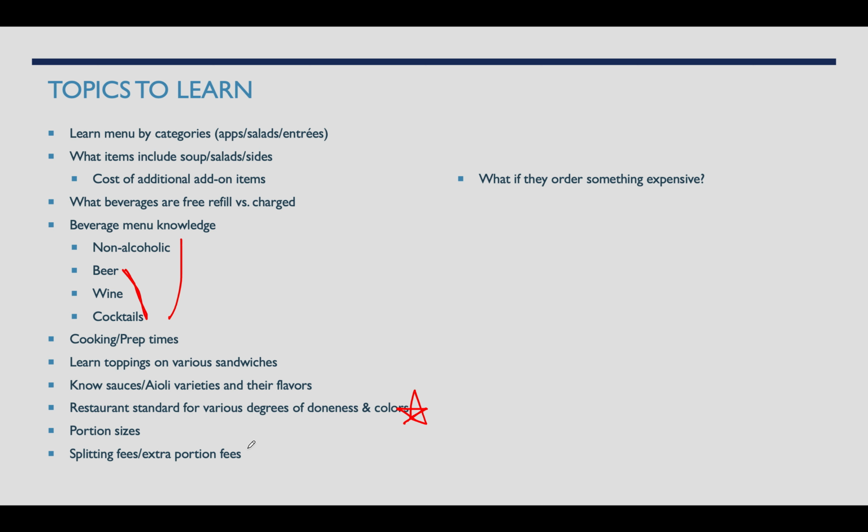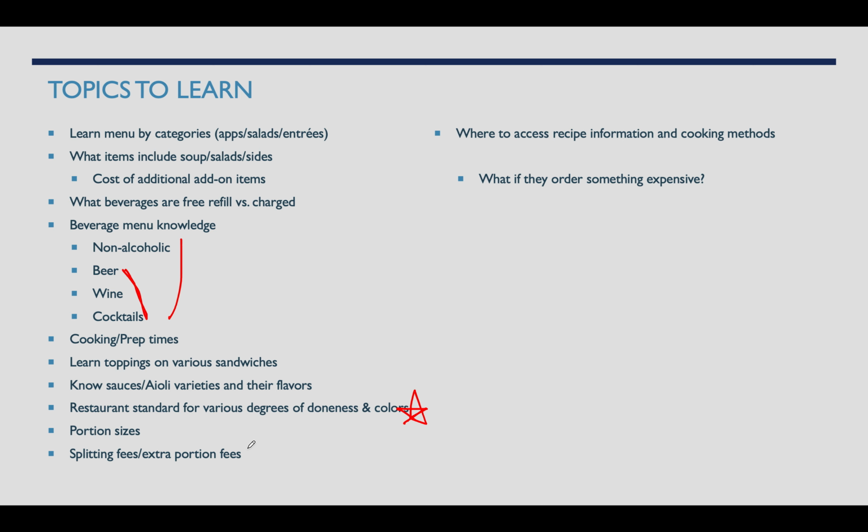But sometimes it's also because they will cut the protein or the main element of that entree directly in half when split, but they will supplement with full portions of the side components on that entree, and so the charge is to cover those costs. So you kind of need to understand why your restaurant has that policy and help explain that to the guest if they ask.